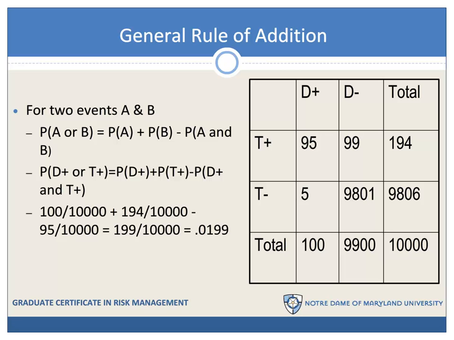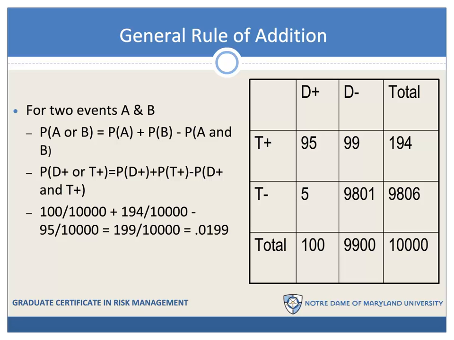So our syntax is probability that event A or B occur, and it is equal to the probability of A plus the probability of B, and from that sum you must subtract the probability of A and B.